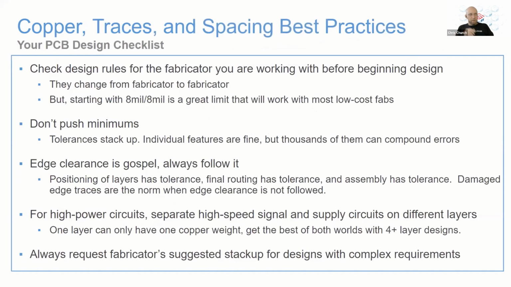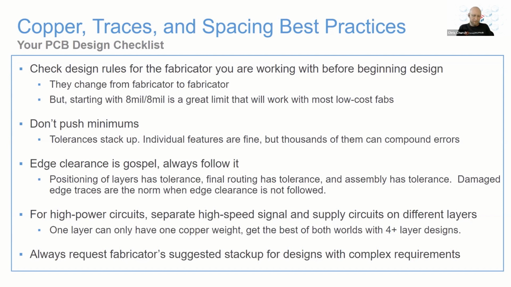Okay, so again, just re-highlighting the points that we made there. Talk about the design rules for the fabricator before beginning your design. Let's not push your minimums just because they say they support 3 mil traces. Don't make all of your traces 3 mils.